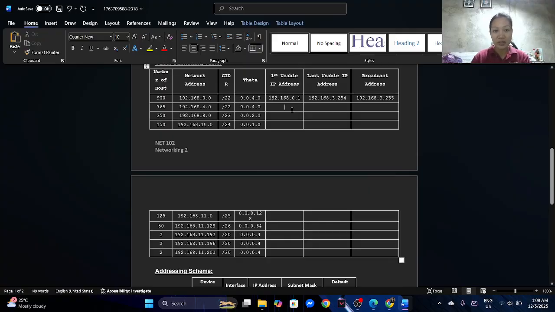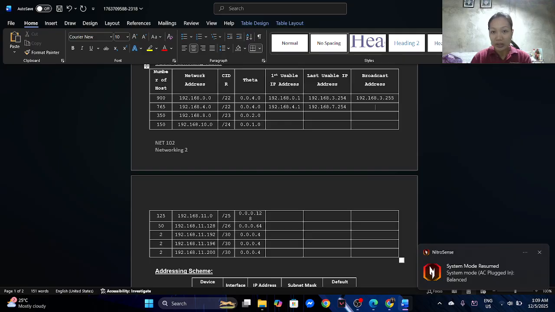So for host 765, the first usable address would be 192.168.4.1. Last usable would be 192.168.7.254.